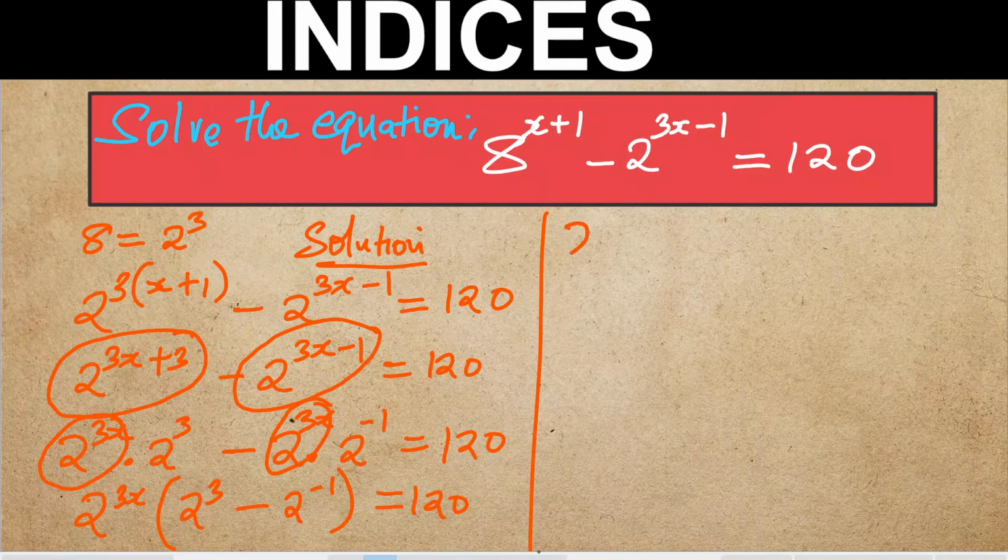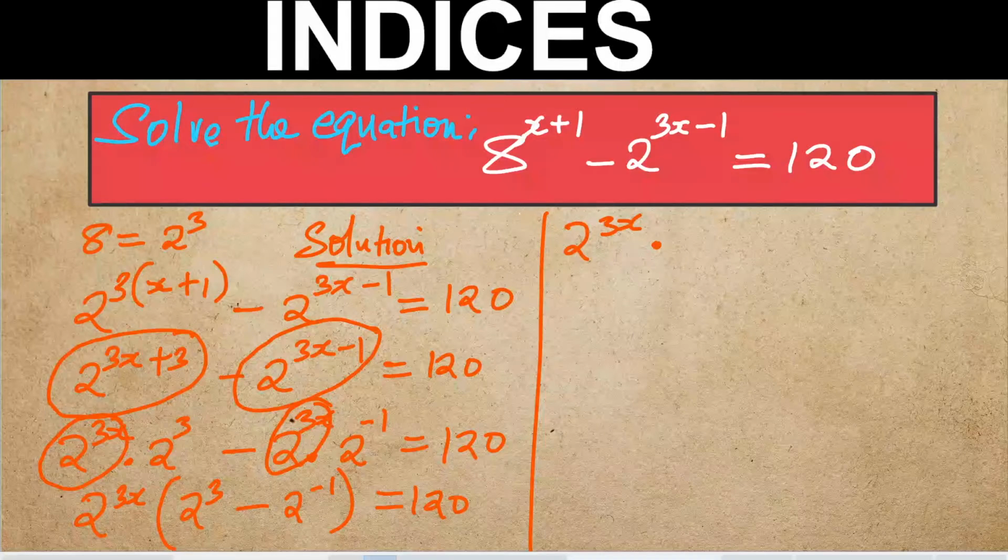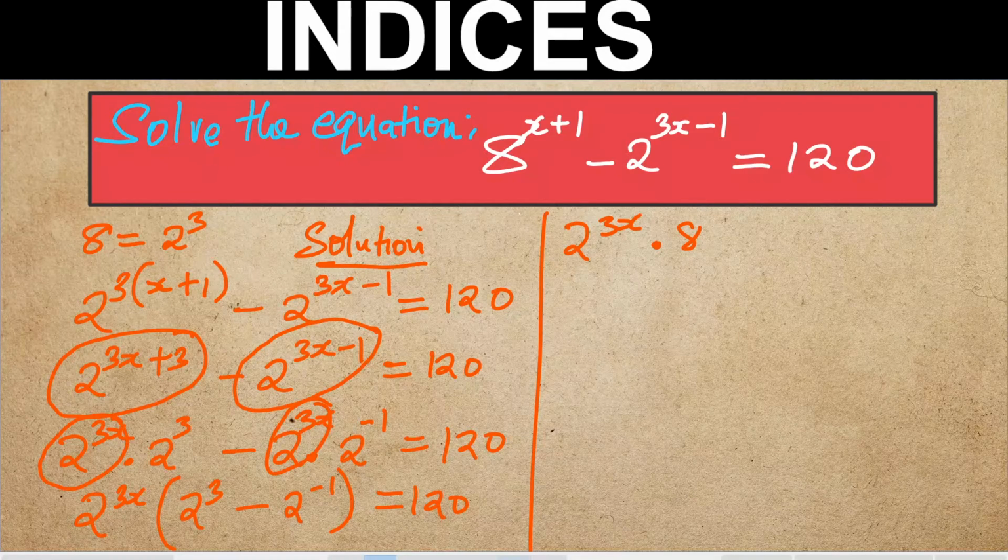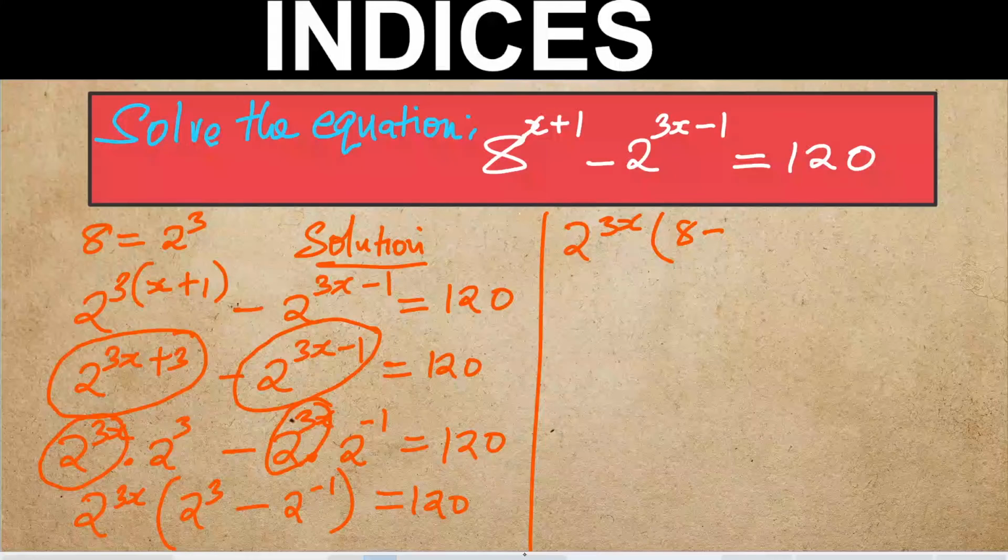So therefore, we have 2 raised to power 3x, and then multiplied by, this will be 8, since 2 cubed is 8. You can still retain the bracket. So this is 8, subtract 2 raised to power negative 1, which is the same as 1 over 2, or a half, is equal to 120.